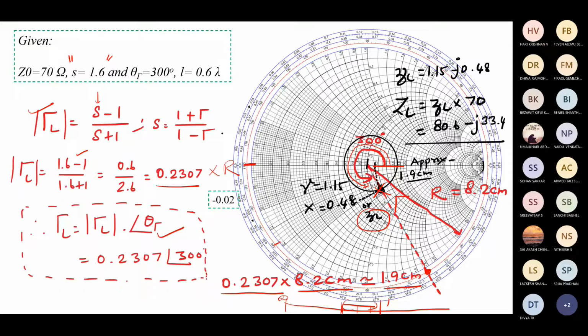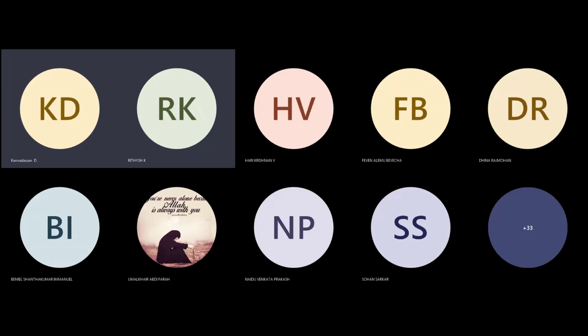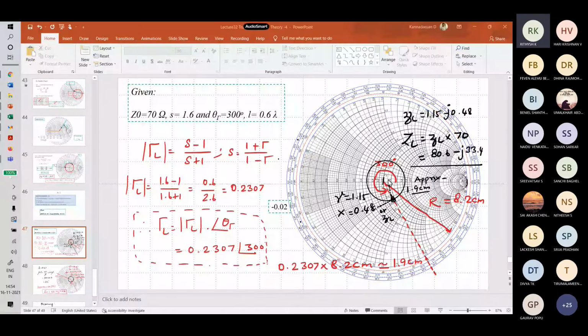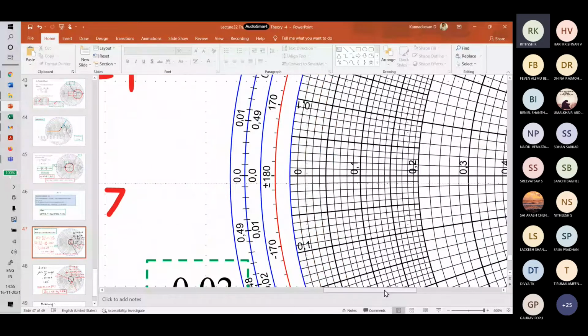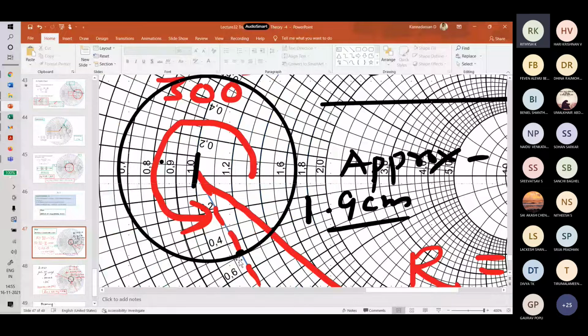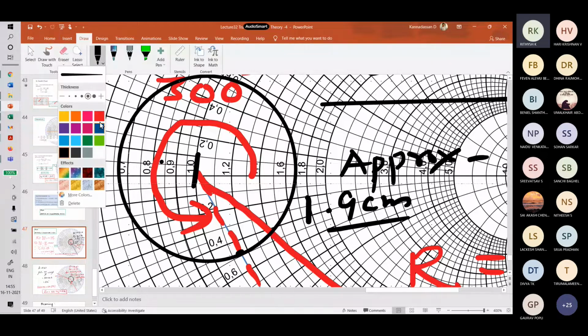With respect to the center point, first you have to extend this particular point. Let me zoom that, and let me delete the other points so that you can see. Let me use some other color.